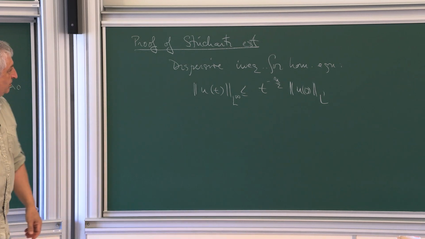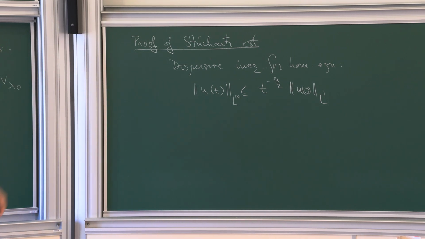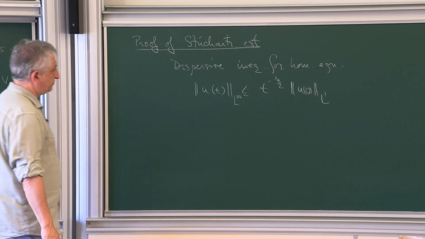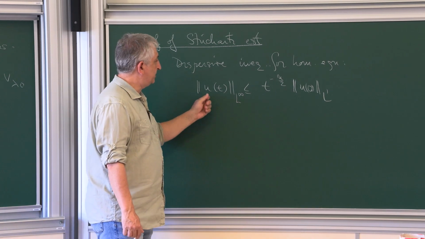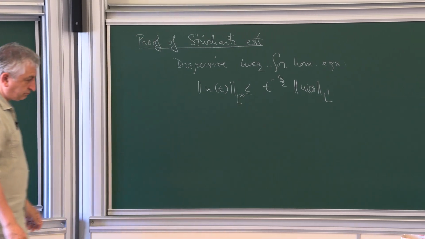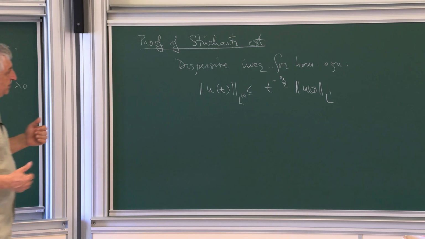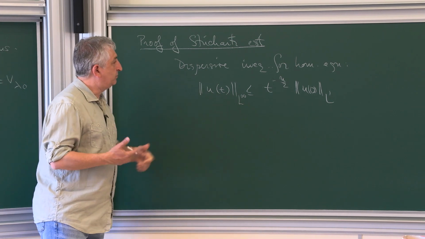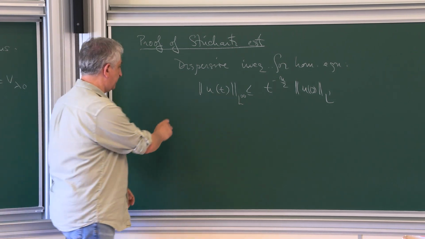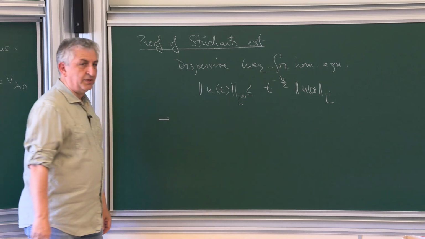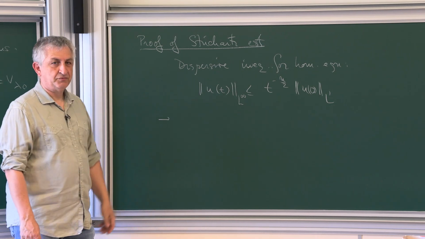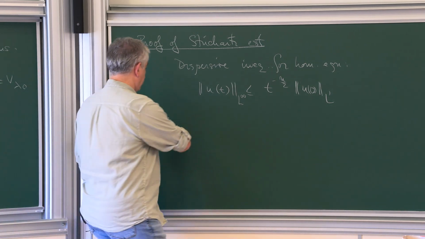And the step from dispersive inequalities to Strichartz estimates is pretty standard. So let me tell you how you can prove these dispersive inequalities. The easiest thing to do is to use the fundamental solution for the Schrödinger operator.